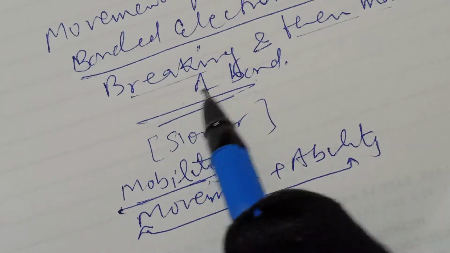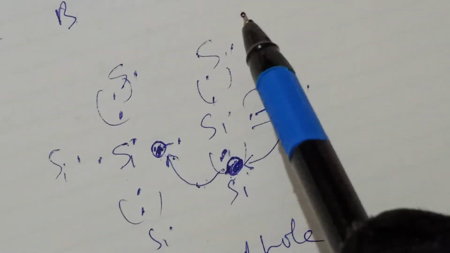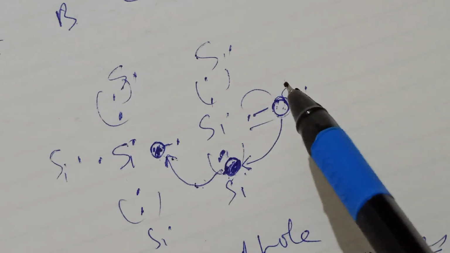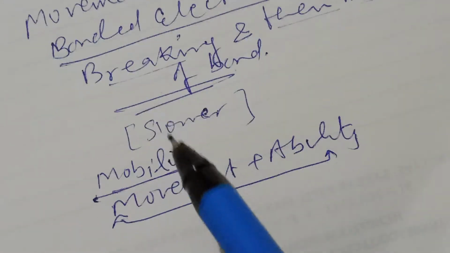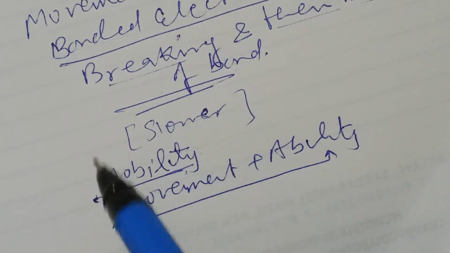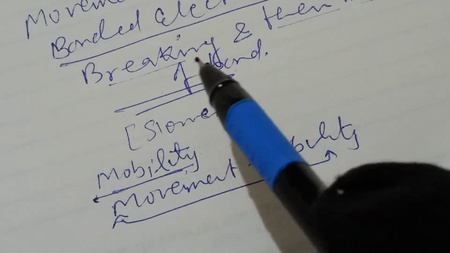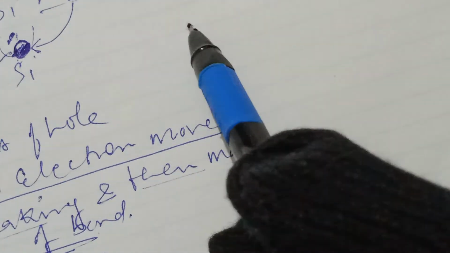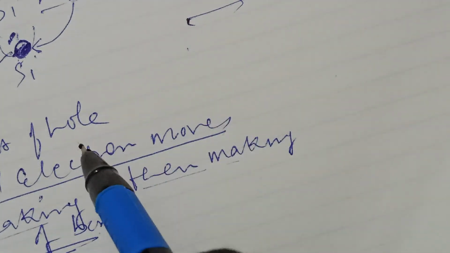So by this process we can explain that the movement of a hole is slower than the movement of a free electron, or we can say the mobility of holes is lower than the mobility of a free electron, because a free electron is free from every type of bonding. It can move easily on the application of a voltage source.